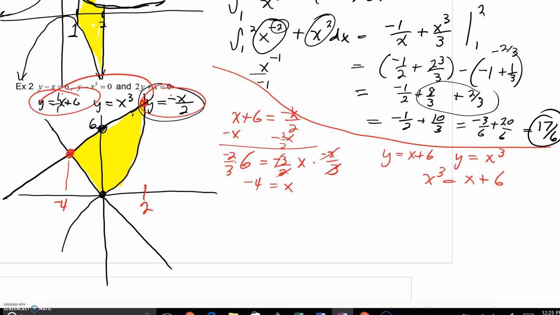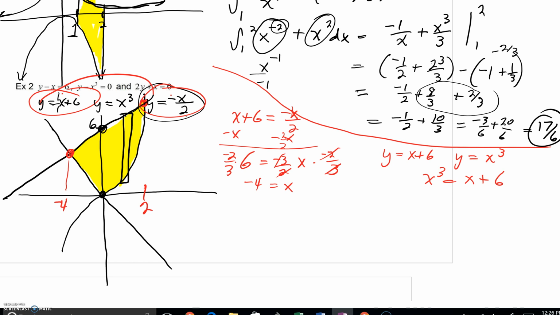Now listen, right now as we're wrestling with this, you can say, wow, how do I keep going here? Notice it's always top minus bottom, but I'm sure you're seeing there's a problem. Sometimes kids will say, oh, there's no problem. Look, the top is that line. The bottom is the cubic function.